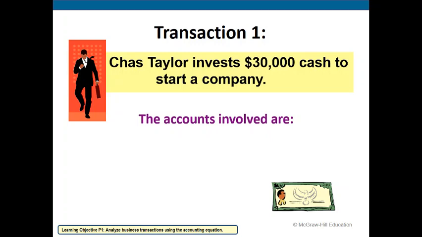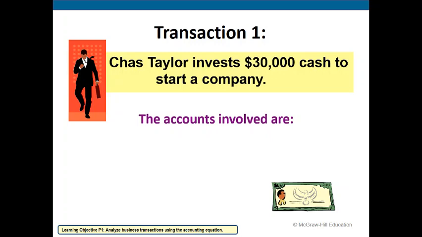And understand, when you have a business activity that affects the accounting equation, it's going to affect at least two accounts, maybe more, but many times just exactly two accounts. Now, that doesn't mean that it affects both sides of the accounting equation, as we'll see here as well. I'll tune you into that as it happens.